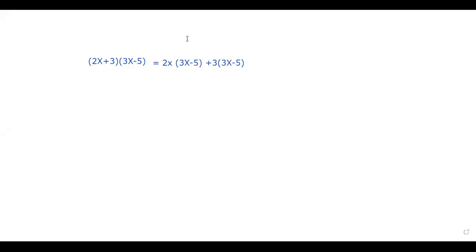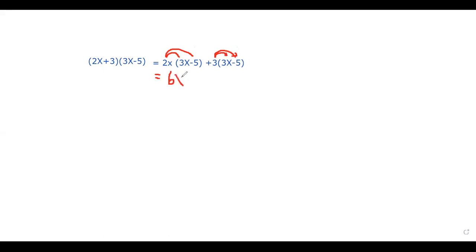Also multiply 3. Yes, we will distribute. And with multiplication, we are going to add the exponents in case we have the same variable, right? So it will be like this by multiplication.